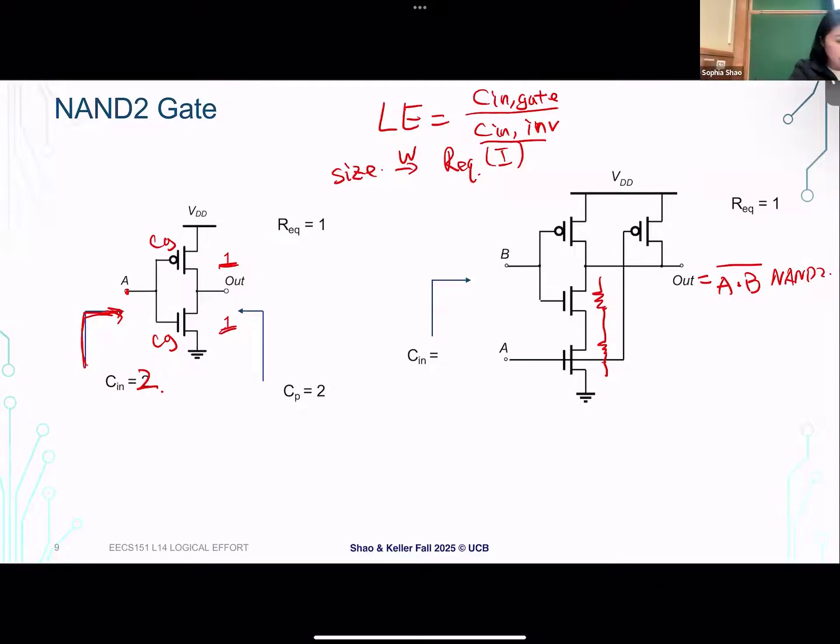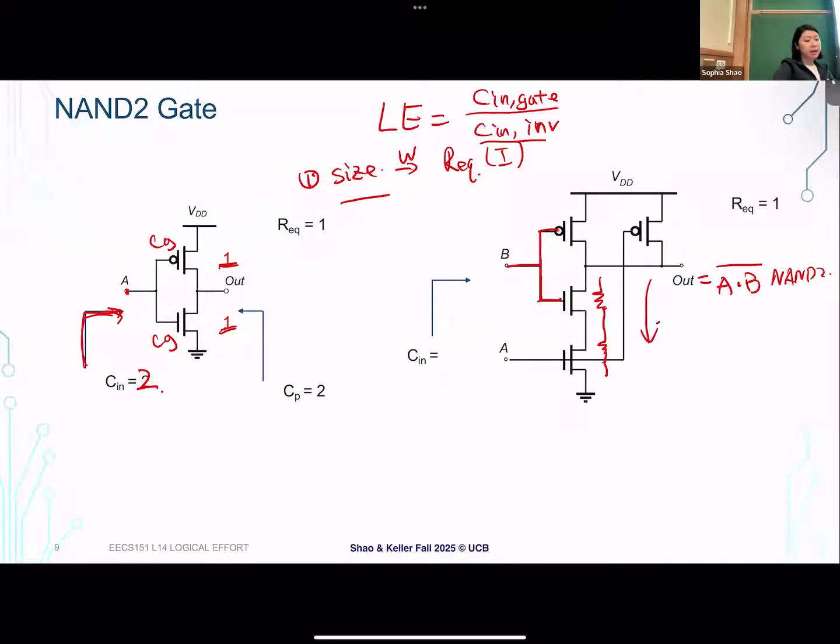Okay, so now we have two inputs. Let's look at the B input, which is easier. Before we do that, the step we're taking is that we need to first size my transistors. Again, we want to have the same current.